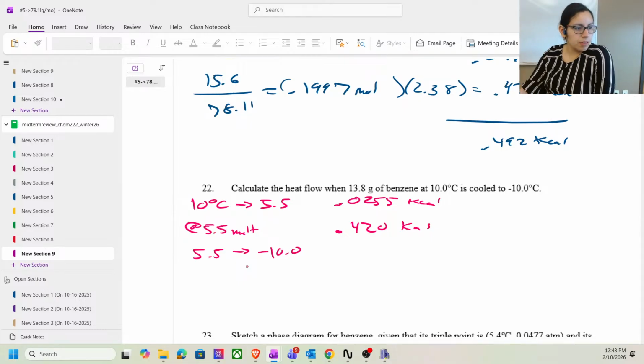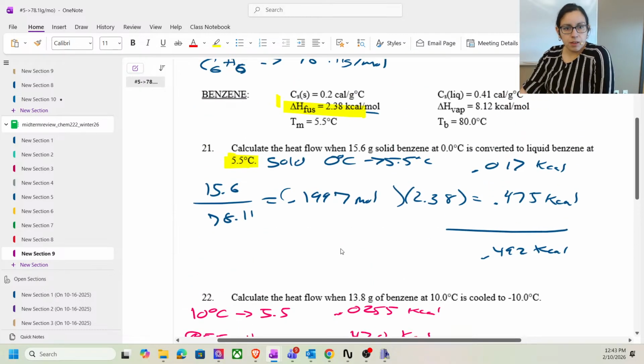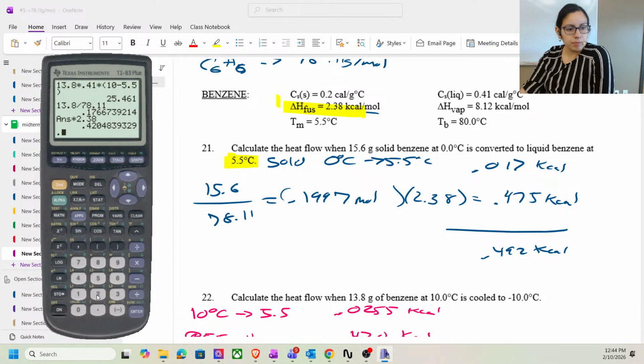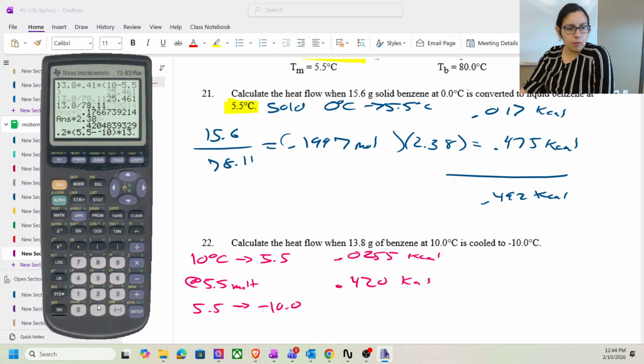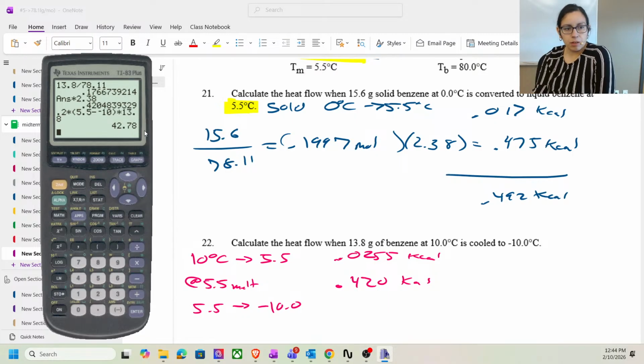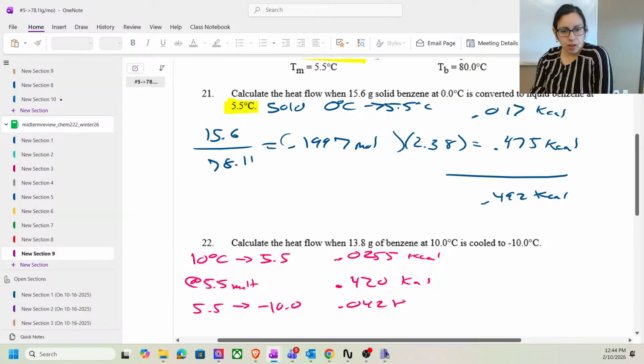And then finish the rest of it. Now heat capacity is for solid, so 0.2 times our temperature difference, 5.5 minus negative 10, times 13.8 for grams. So about 42 calories, or 0.042 kcals.